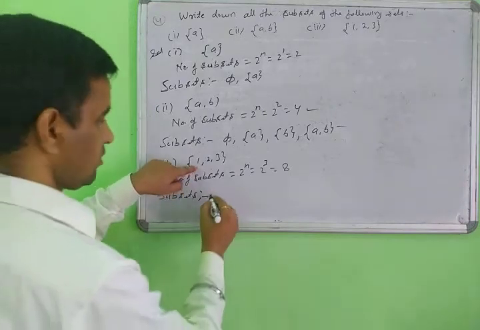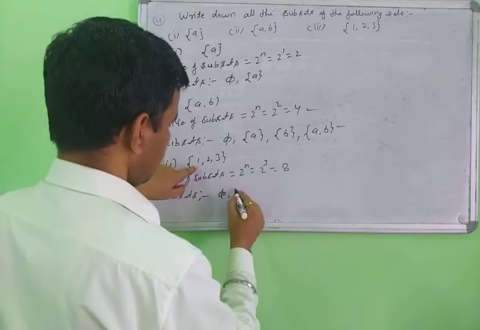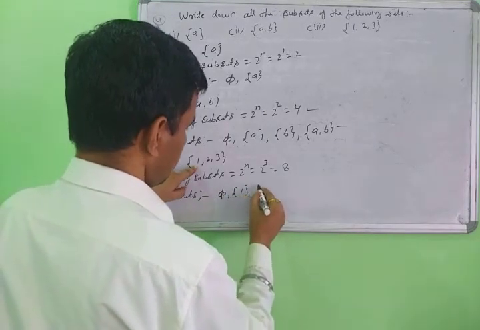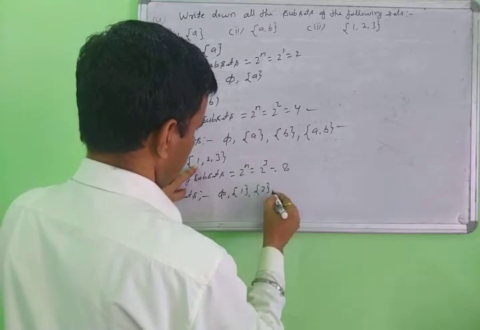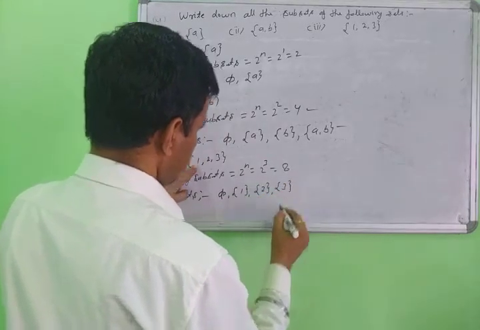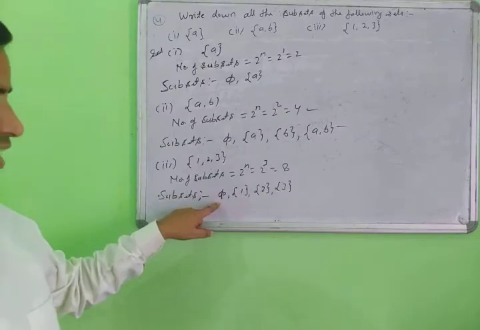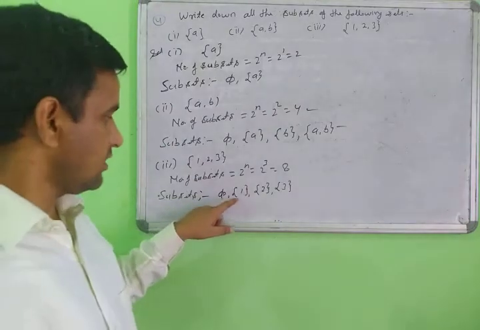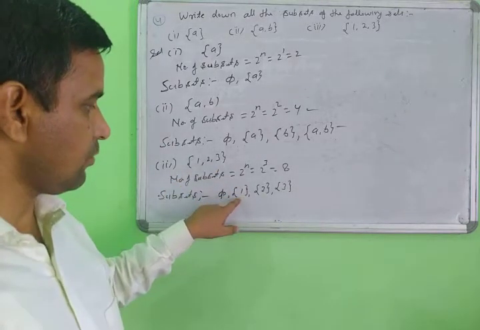First subset, the empty set, second 1, 2 and 3. The empty set is the subset of every set. Then you write the single elements 1, 2, 3.